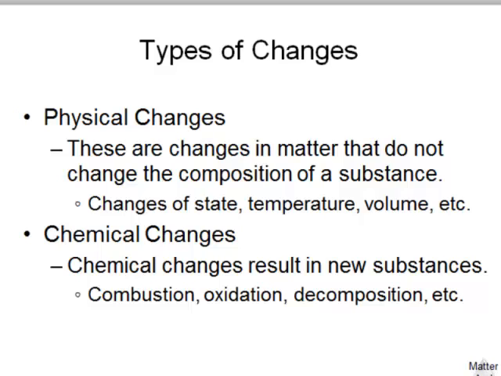A chemical change results in a new substance. If I burn a candle, I end up with carbon dioxide. The part of the candle that burned, it doesn't exist anymore as candle wax. If it's rusting, I no longer have iron, I have iron oxide.